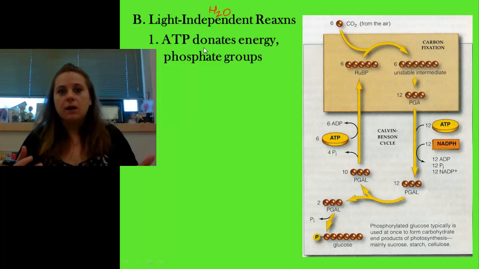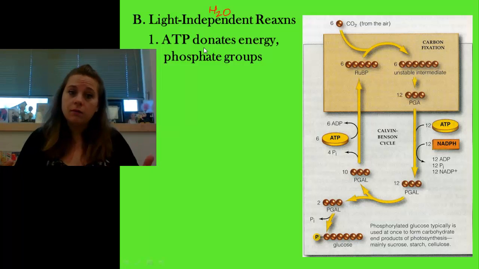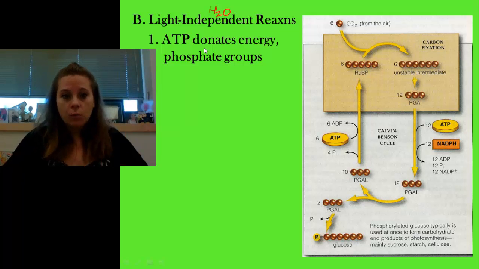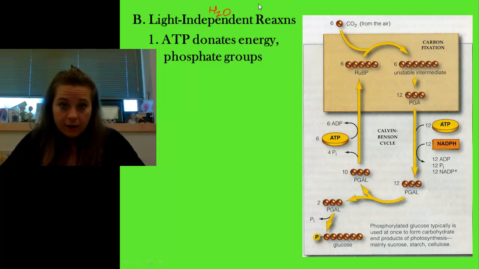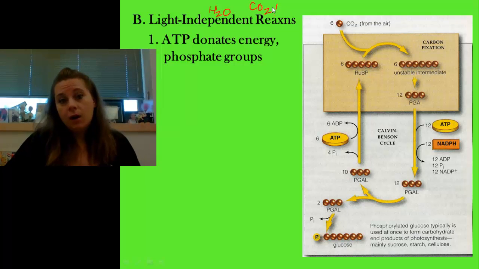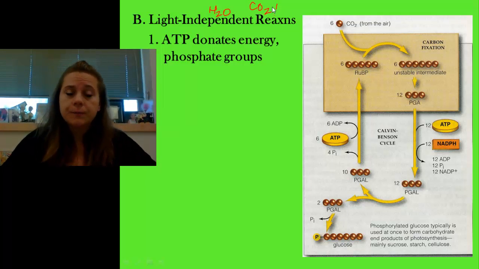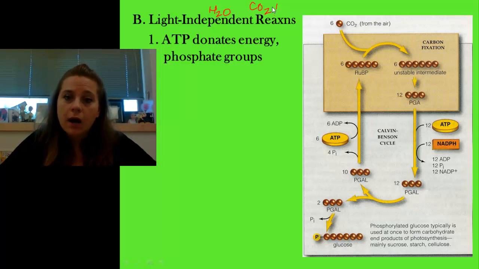Where we're going to get the formation of the glucose, that other product is going to happen here in the light-independent reactions. So water's already in. That's my other part. The other reactant is carbon dioxide. So here's where we're going to see the carbon dioxide part of this. The ATP that we had is going to drive this energy process.